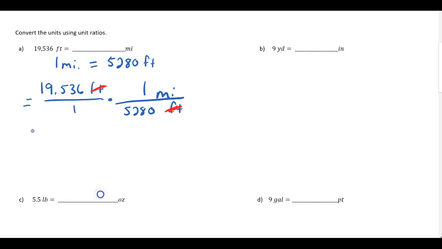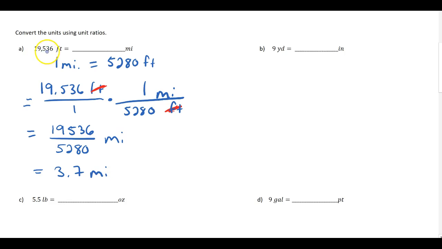Then I'm going to multiply straight across. So I'll get 19,536 over 5,280, leaving me with only miles. Whenever I do that division, I'm going to get 3.7 miles.